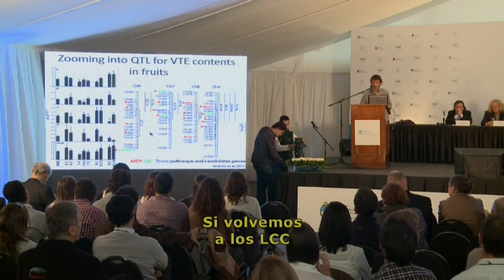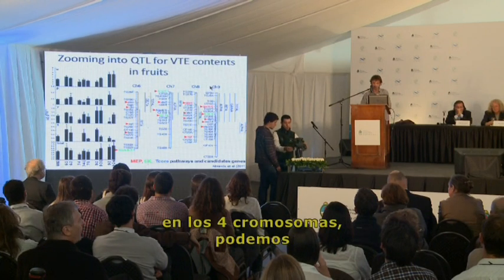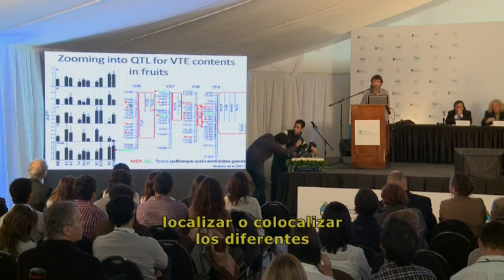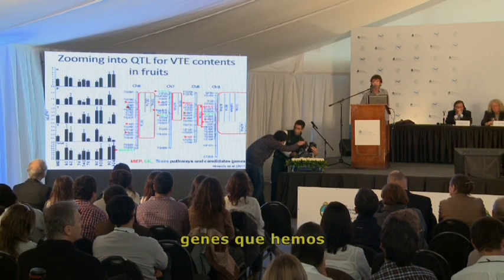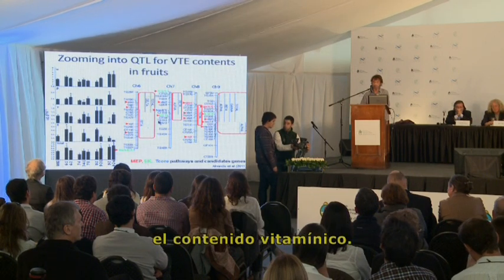If we come back to the QTLs that we have detected in these 4 chromosomes, we can localize or co-localize the different genes that we have mapped together with the QTLs related to the vitamin E content.